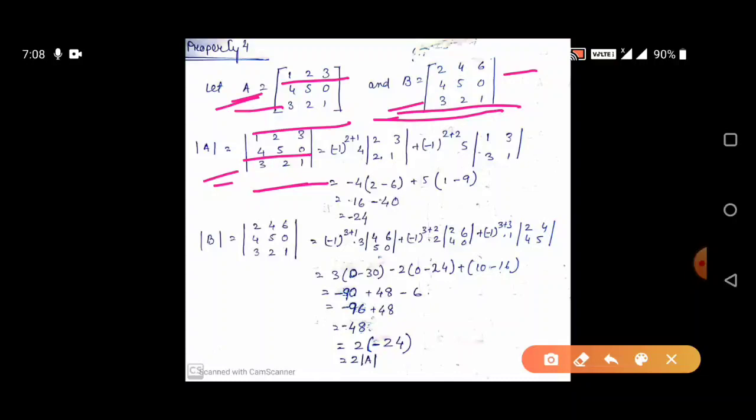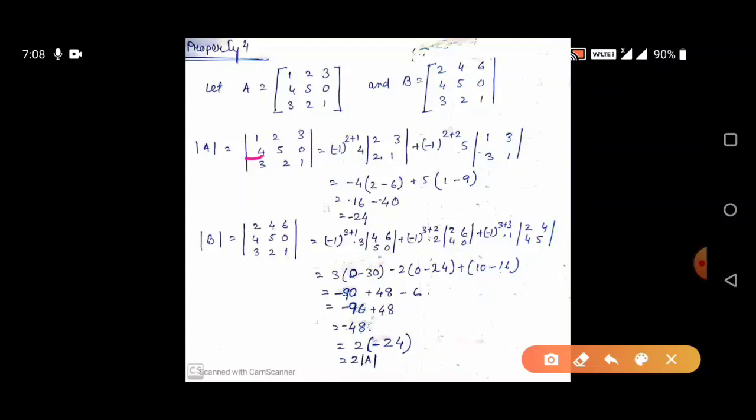For this 4, we have to write minus 1 to the power 2 plus 1, because 4 is in the second row, first column. Then 4 into the determinant of the remaining elements after cutting this row and this column: 2, 3, 2, 1.